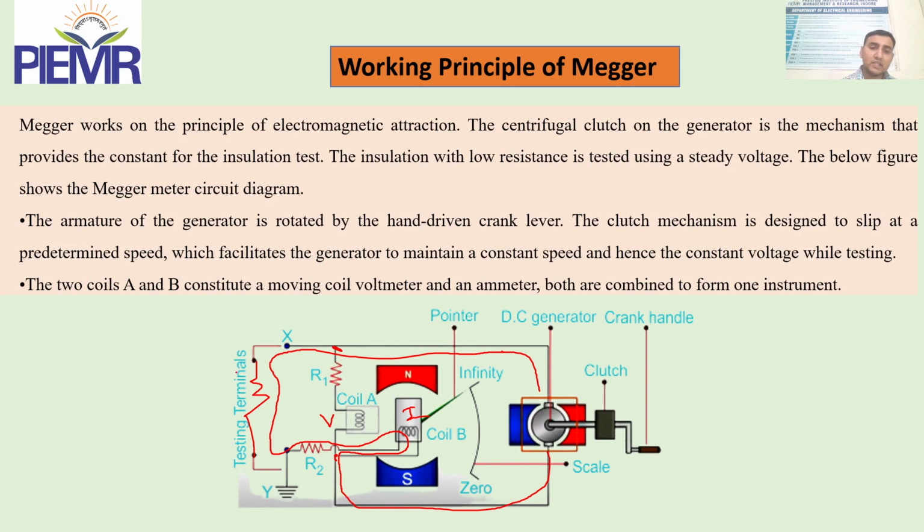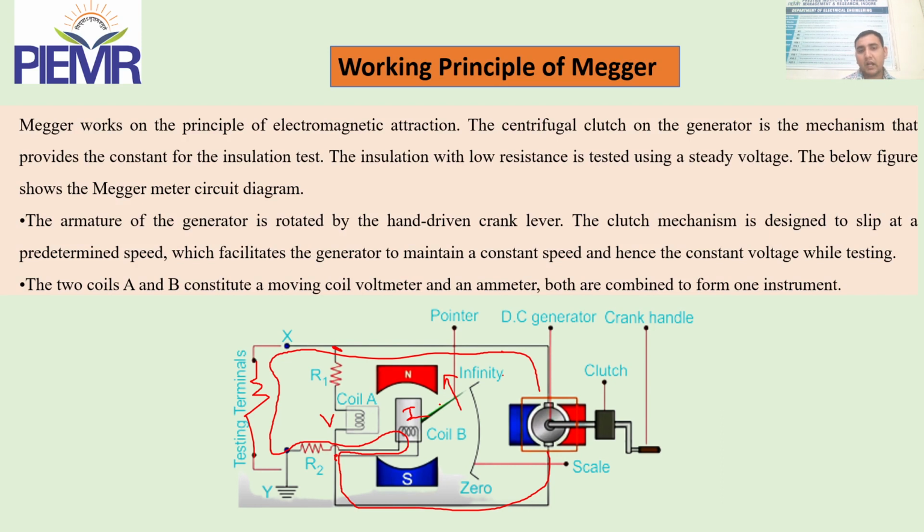If the resistance is very high, there will be a smaller current. Then coil A has high magnetism, so it attracts the pointer toward this particular point, toward infinity. If the resistance is small, the voltage drop across it will be small, and the magnetic field in coil A is small, whereas the magnetic field in coil B is greater.